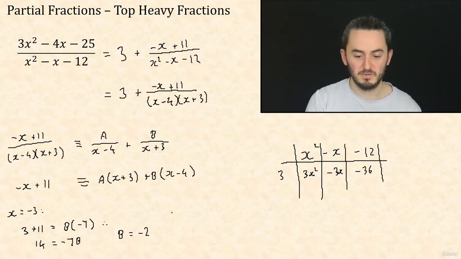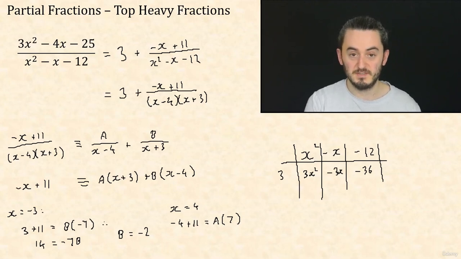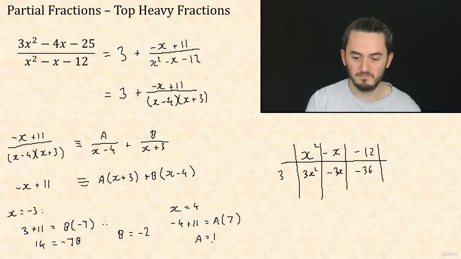If I sub in x equals 4, that's also going to work. On the left-hand side, I've got minus 4 plus 11, and on the right-hand side, I've got a times 4 plus 3, which is 7. So look, minus 4 plus 11 is 7, equals 7a, so a is 1.